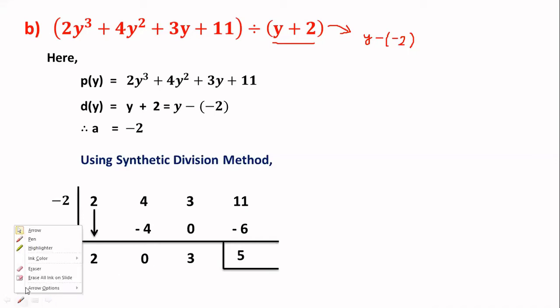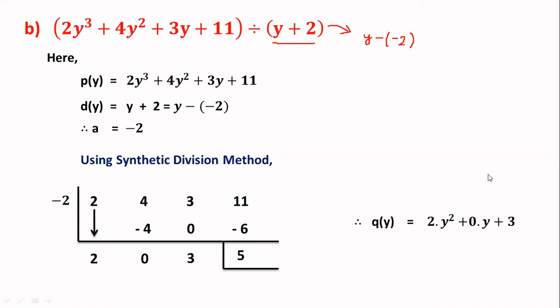So now we can easily say what our q(y) value will be. Since the degree of the dividend polynomial is 3 and the divisor's degree is 1, the quotient q(y) will be of degree 2. That means q(y) will be equal to 2 into y squared plus 0 into y plus 3.